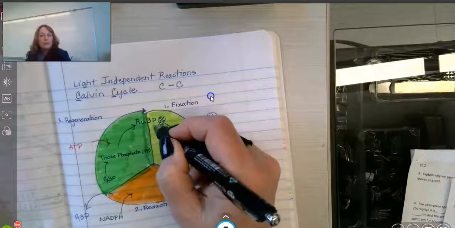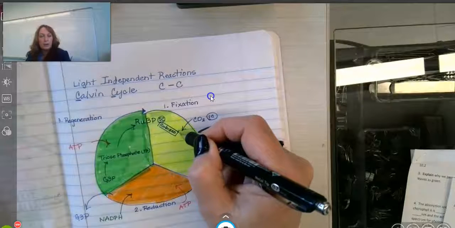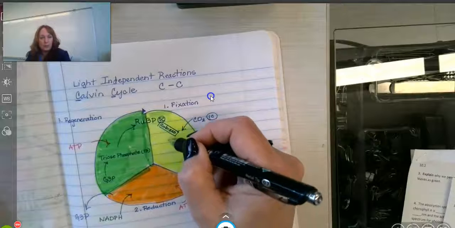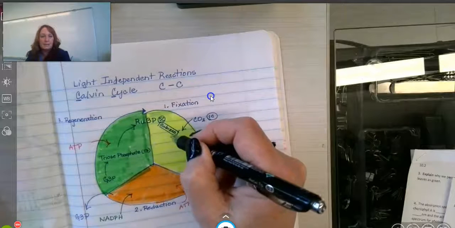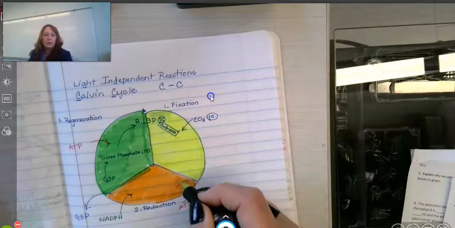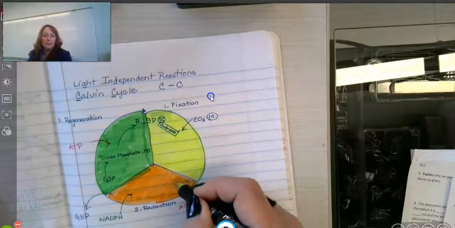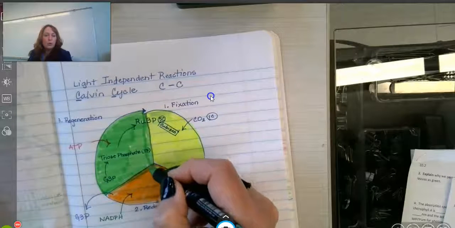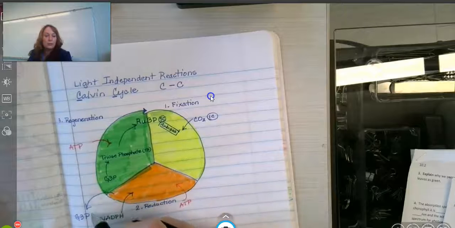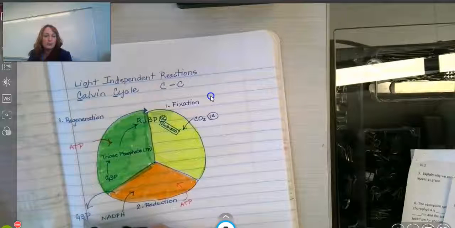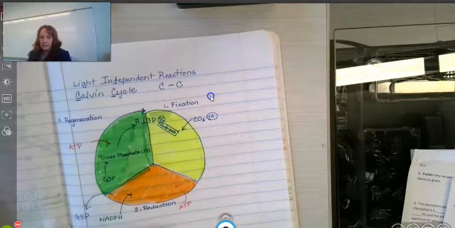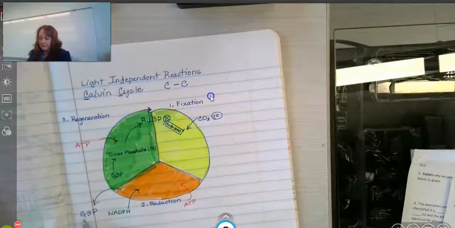So what you've done here by bringing in carbon dioxide is you've increased the number of carbons in this whole cycle. Then you're going to rearrange them, make some bonds, and they're going to be rearranged into the format of glyceraldehyde 3-phosphate.